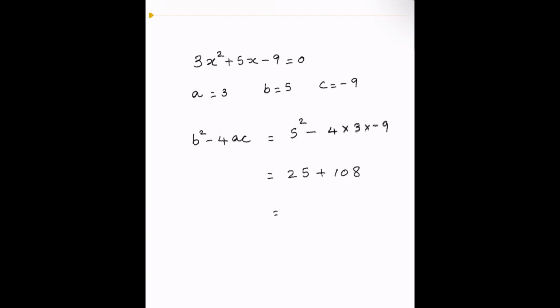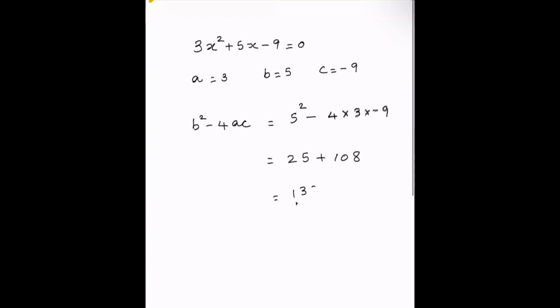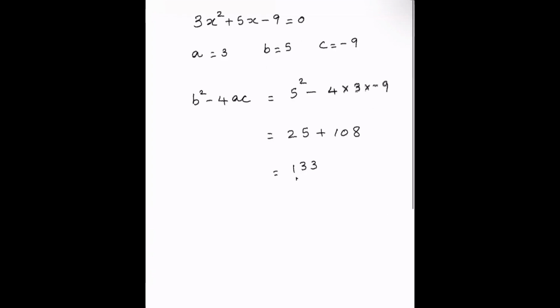So what is it that you are getting here? You're getting 133. So this is greater than 0. So b square minus 4ac is greater than 0. So the roots are real but not equal. Now we need to find the square root of 133.